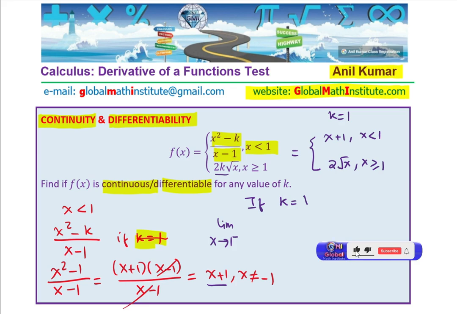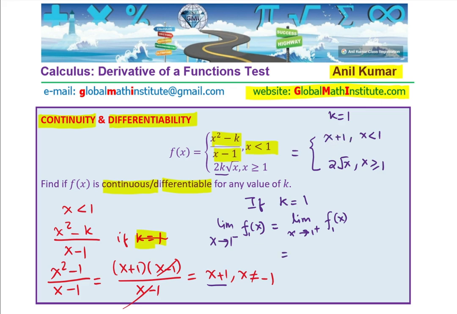So we can write that the limit of this modified function, where k is equal to 1, should be equal to the limit when x approaches 1 from the right-hand side of our modified function. If I substitute 1 here, then the left-hand side will be 1 plus 1, which is 2.